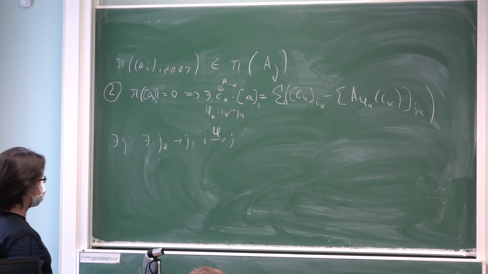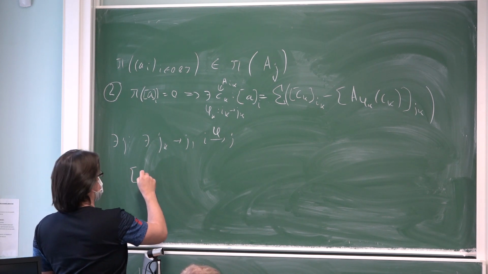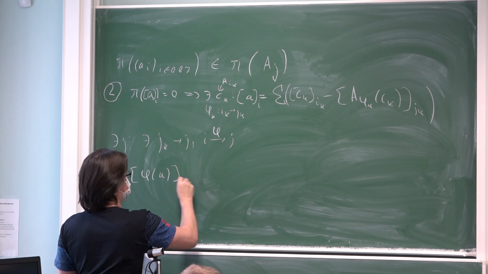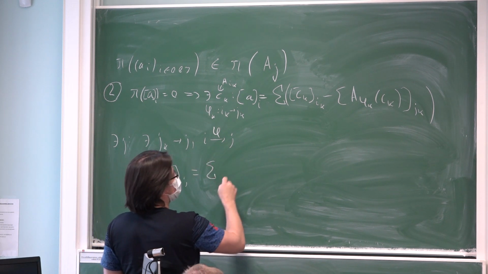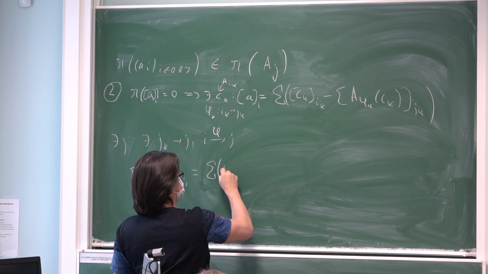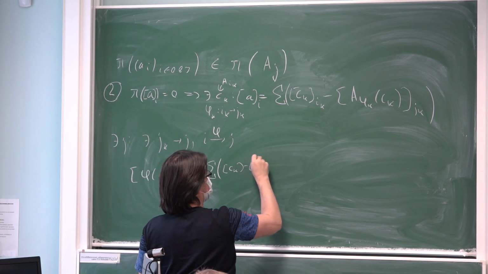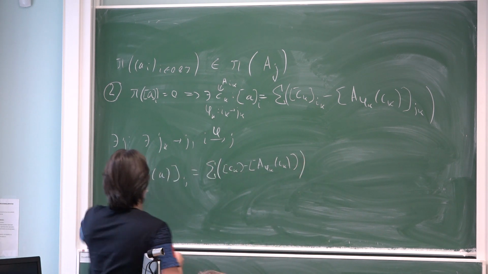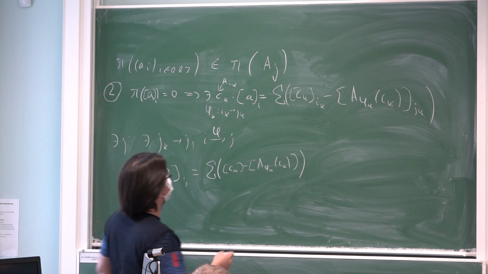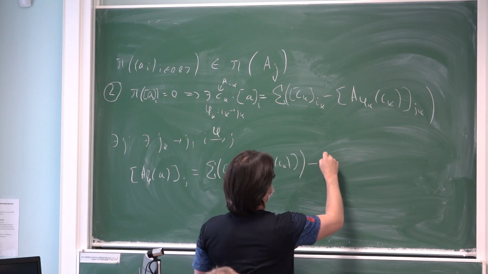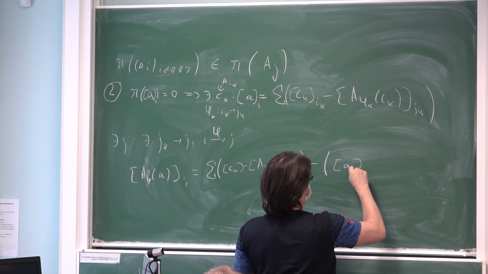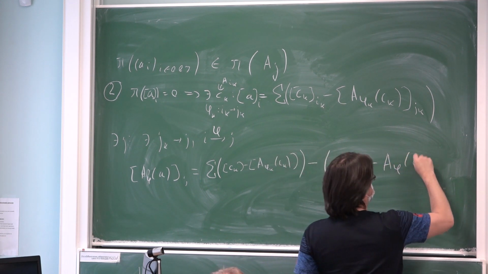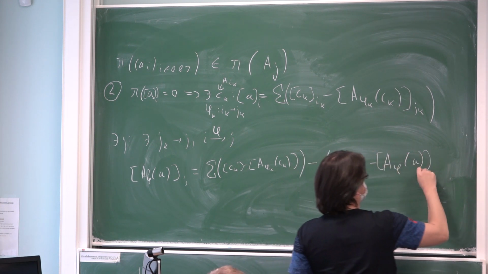Then we have phi of A, the component j, is equal to the same sum as here, the sum over k of c_k, minus A phi of A, component j.